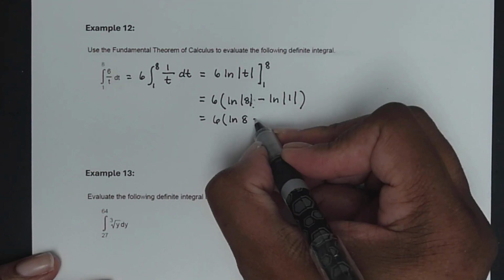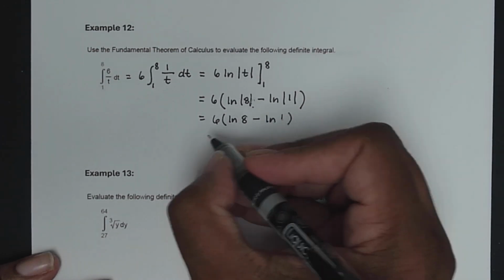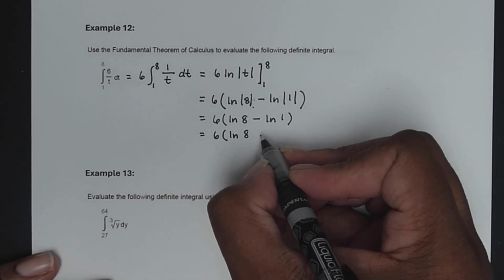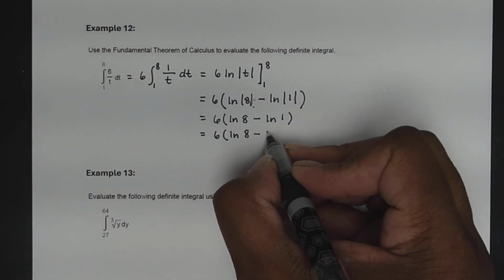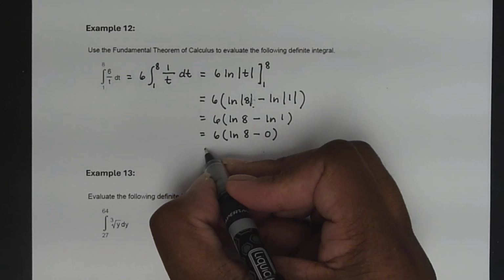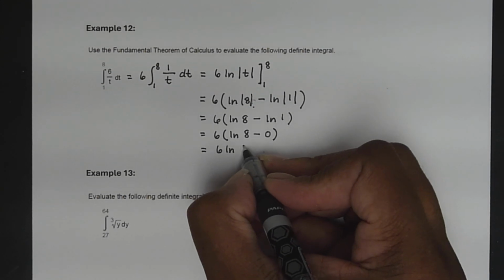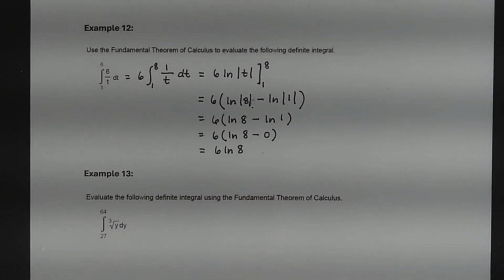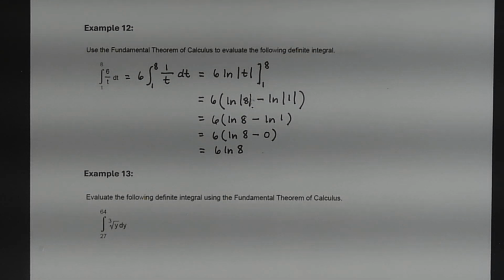So I have ln of 8 inside the parentheses minus ln of the absolute value of 1, which is 1. But I do know something about the natural log of 1. Natural log of 1, that's automatically going to be 0. So 0 minus ln of 8 would give ln of 8, so it'll be 6 times the natural log of 8. And I think you can go no further than that. That's what they want as an answer.